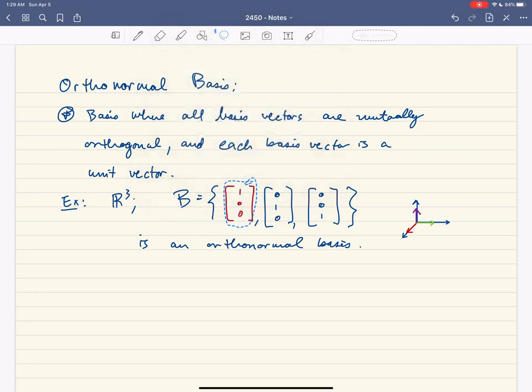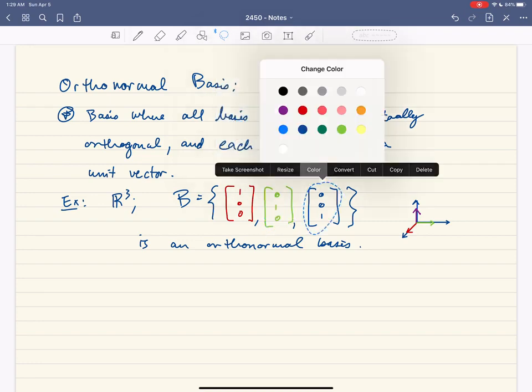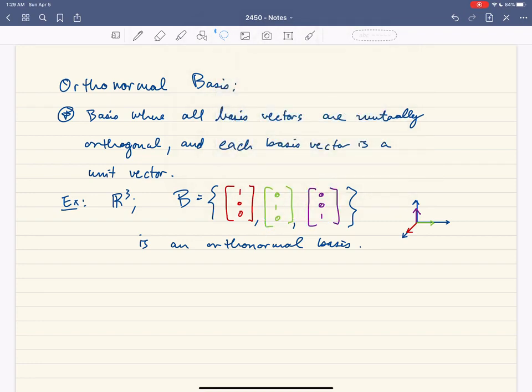The red vector, the green vector, and then the purple vector. So that's why those bases are so nice. So that's an orthonormal basis.